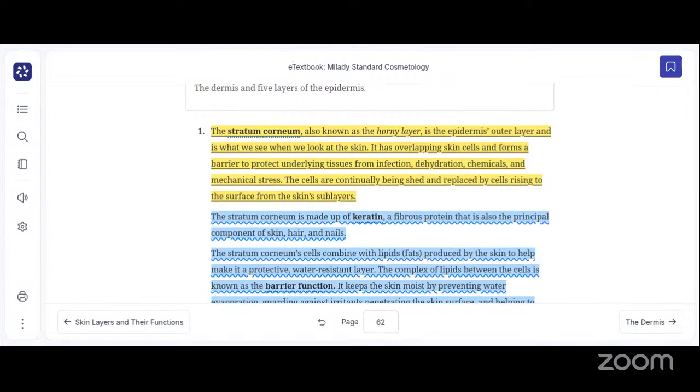Keratin is a fibrous protein that is also the principal component of skin.